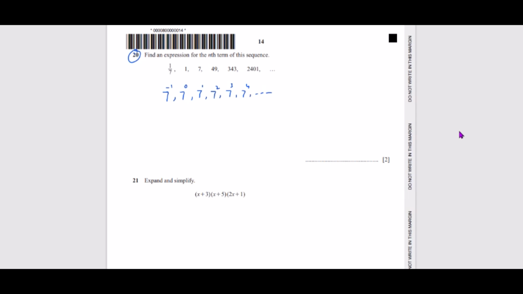So we will be able to write the nth term as 7 raised to the power n minus 2. If we put n is 1, 1 minus 2, that is equal to minus 1. Put 2 minus 2, that is equal to 0. Put 3 minus 2, that is equal to 1. So this is the nth term, 7 raised to the power n minus 2.